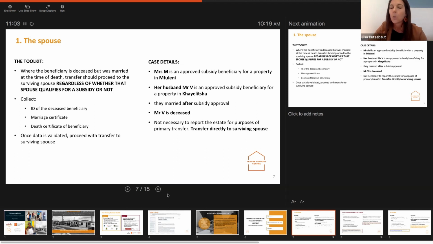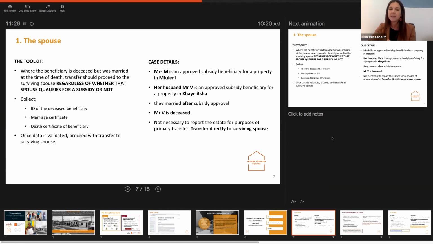What I just want to put out, a warning at this stage, what will potentially trip you up during this process is when you get to the rates clearance stage of your transfer. I'm not obviously au fait with how different municipalities work. I can only speak to my experience here in the city of Cape Town.